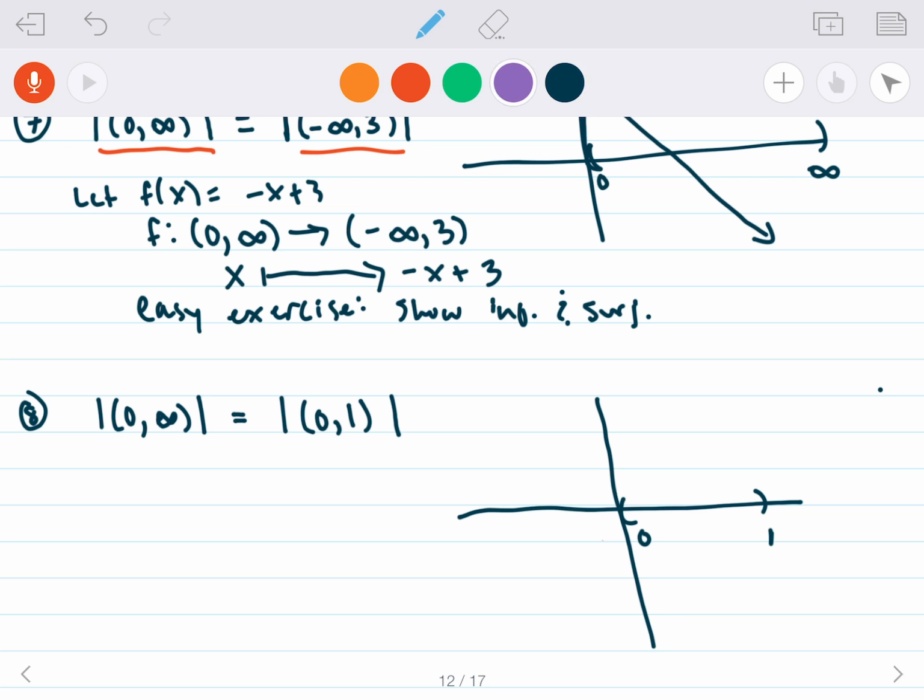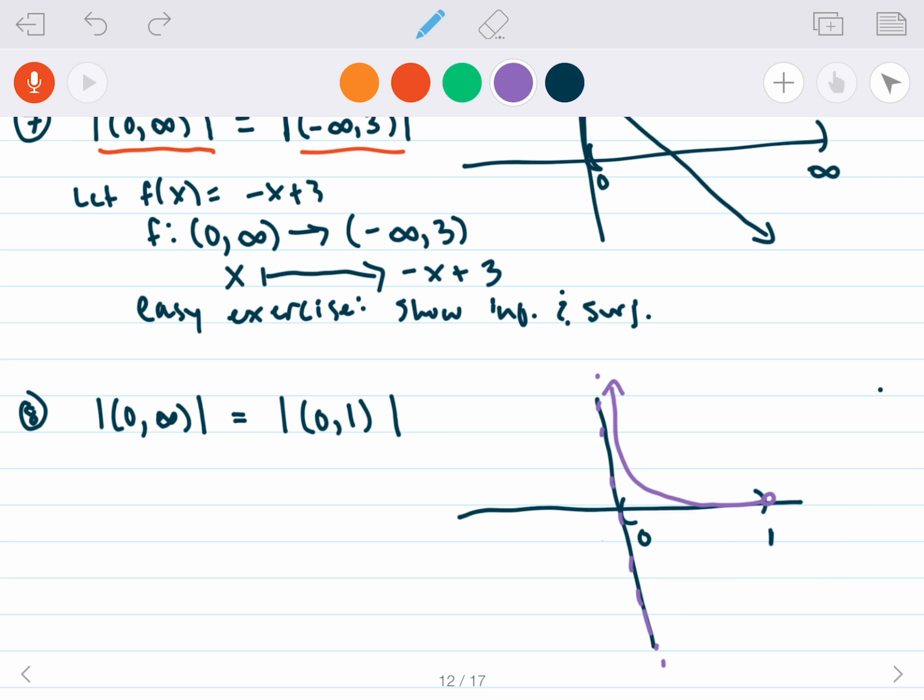So maybe it looks something like this, and I have an asymptote at x equals 0. The idea here is that I know this function looks like 1 over x, but it's shifted so that it hits x equals 1 here.